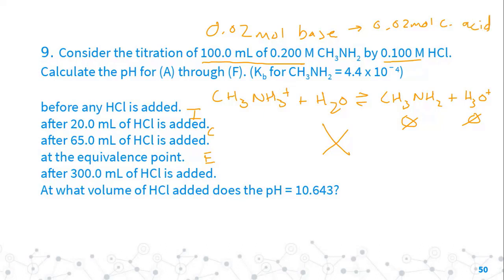Now we need to figure out our concentration, right? 0.02 moles, but what is our volume? We don't know our volume. We know we had 100 milliliters at least, so we need to figure out how much volume of acid we added.